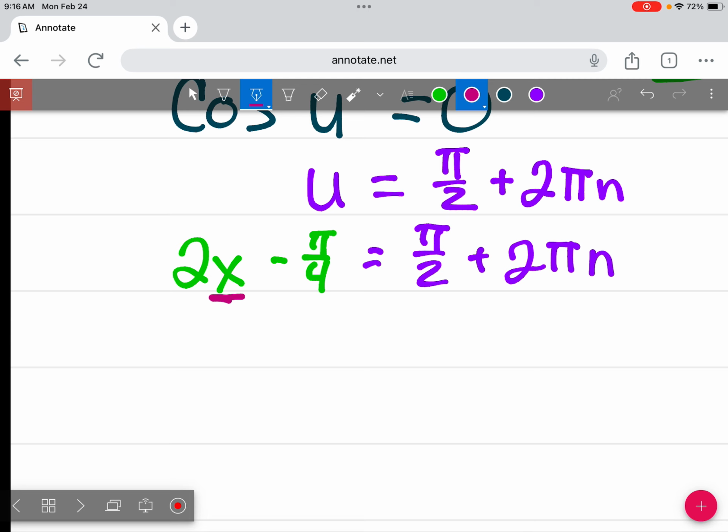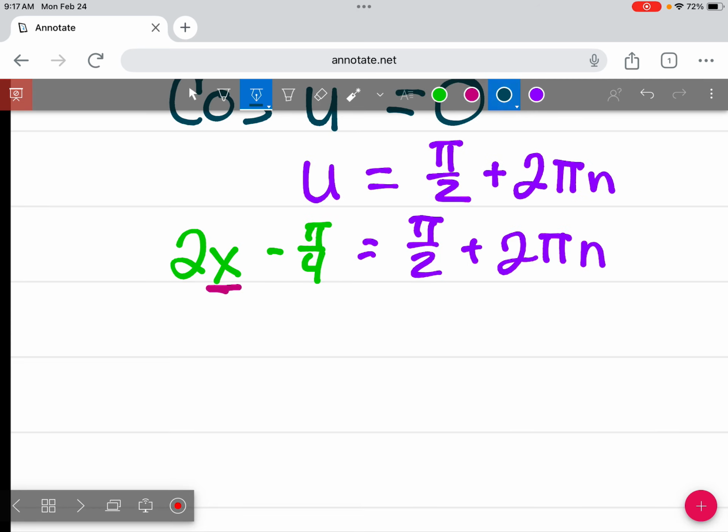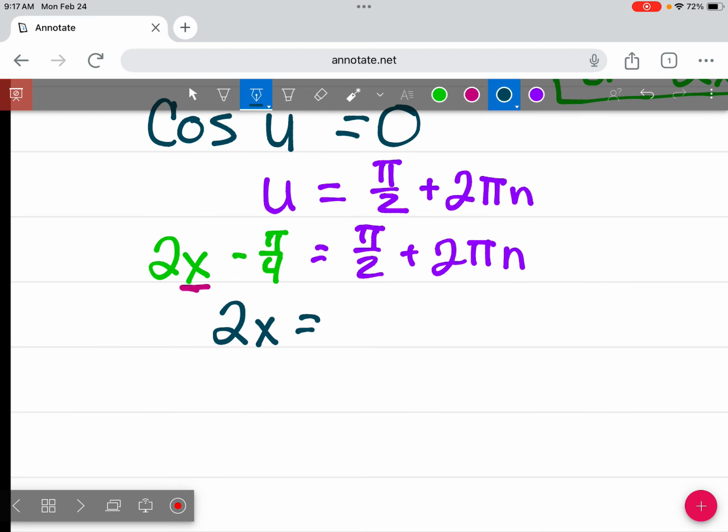What do we do to get our x by itself? Add pi over 4. I'm going to do it in a couple of steps. So we're going to have our 2x. If I add pi over 4, what are we going to have? Yeah, it's going to combine with our pi over 2.